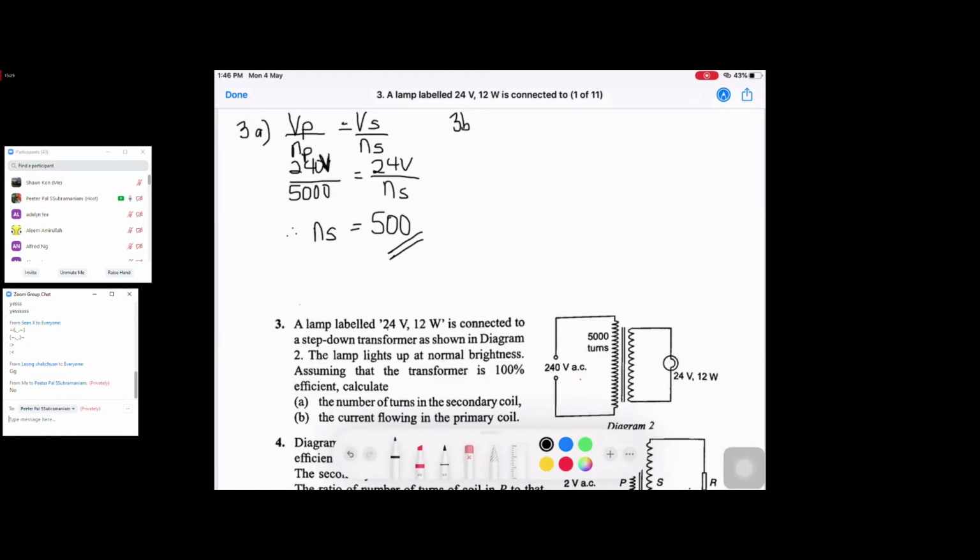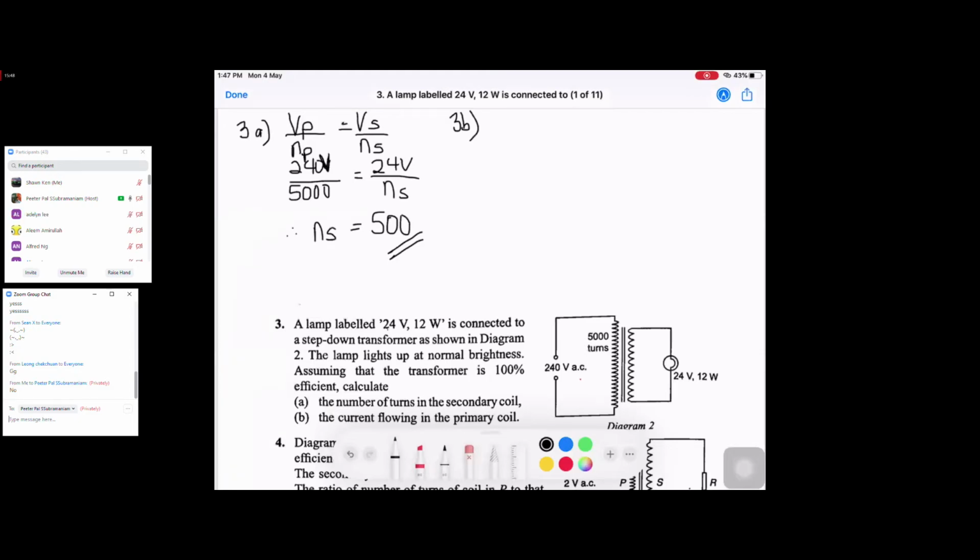Let's call Yongsin. Assuming the transformer is 100% efficient, calculate the current flowing in the primary coil.